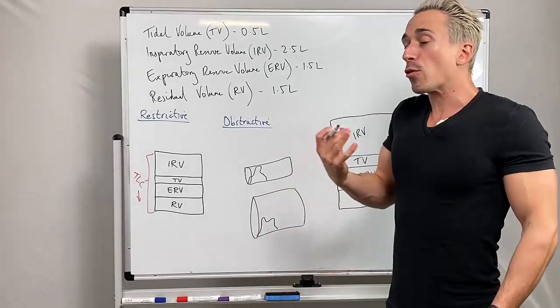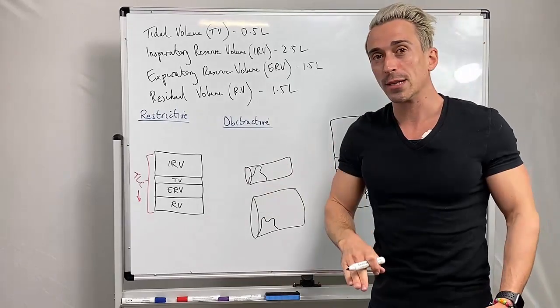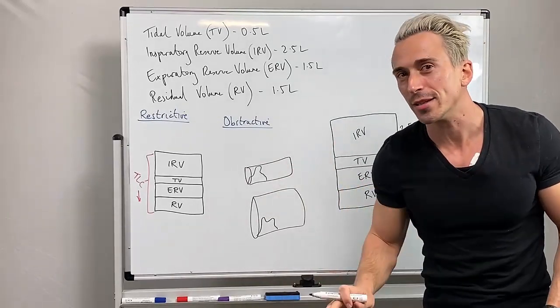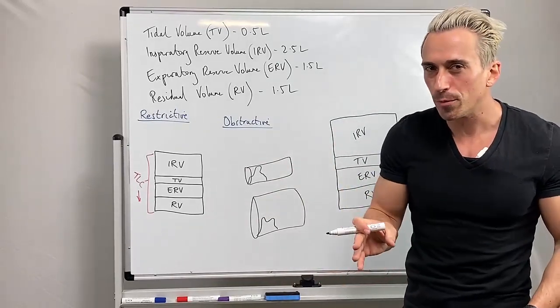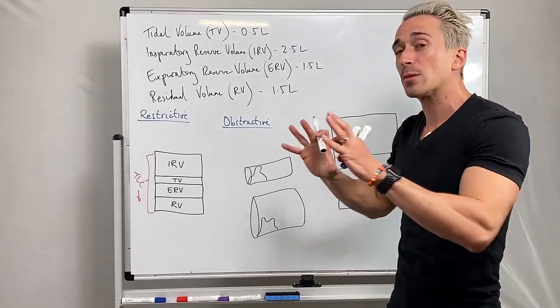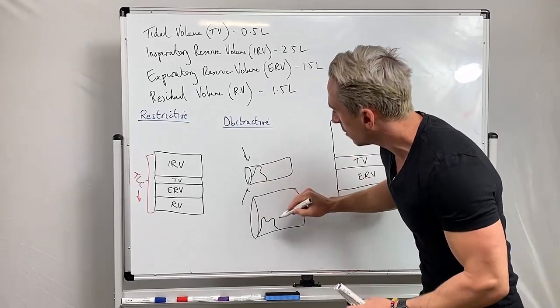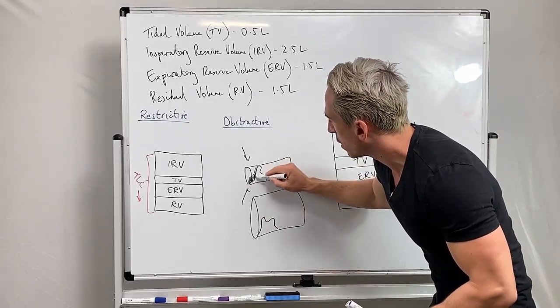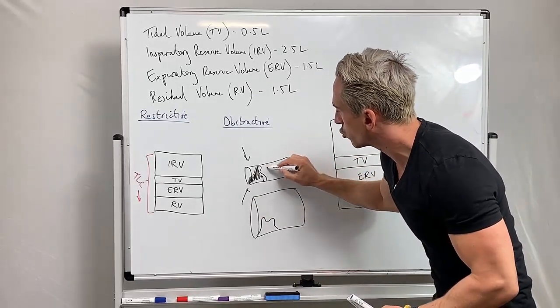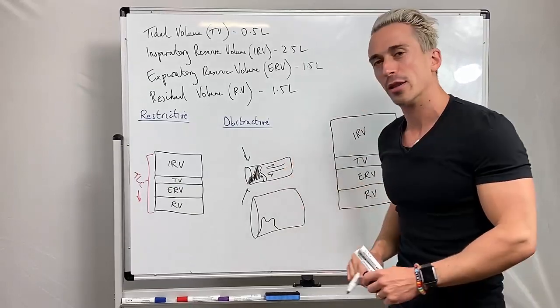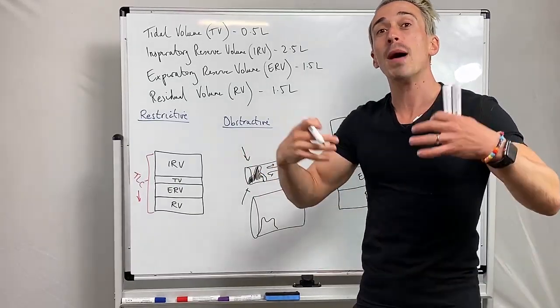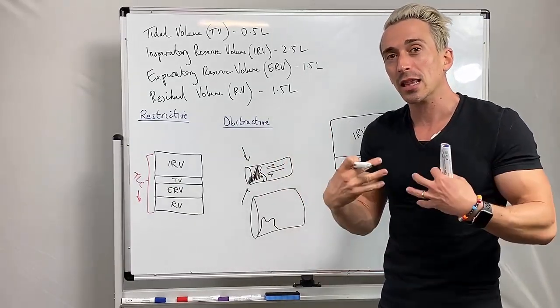So inspiration in obstructive disorders isn't necessarily limited. So it's around about normal. But the problem is when you go to expire and breathe out, that tube narrows again, and then that mucus plug, for example, will obstruct and the gases cannot leave, which means gases remain inside the lung tissue.